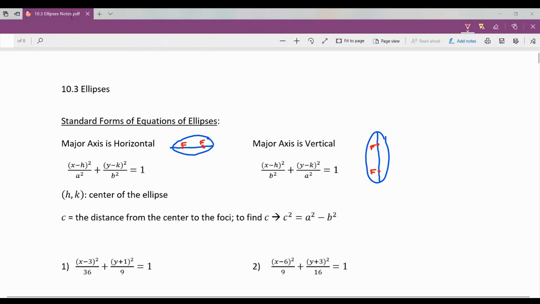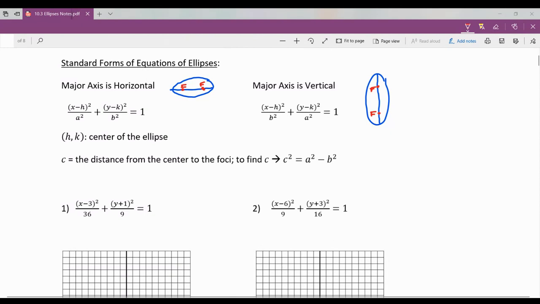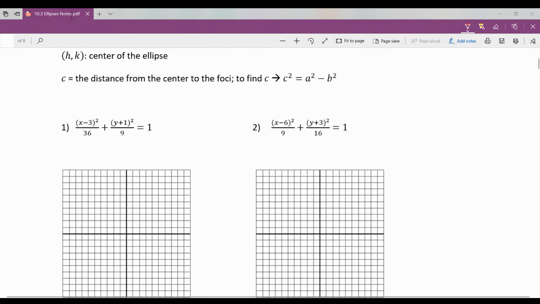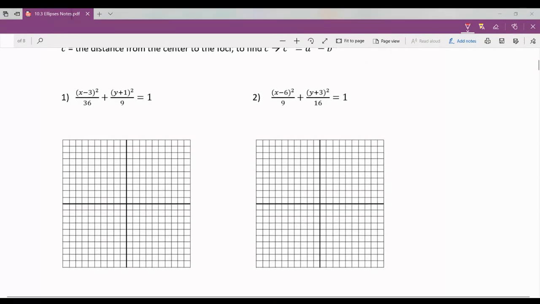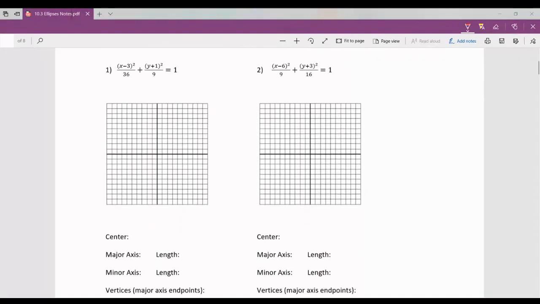All right, so let's actually look at some equations so that we can apply this. Number 1: x minus 3 squared over 36 plus y plus 1 squared over 9 equals 1. First thing I do is identify my center.